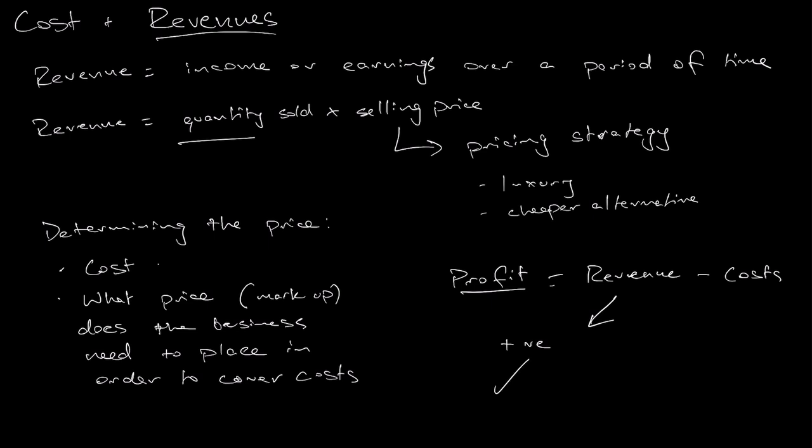We're earning more than our business is costing us, and we're going to be able to stay in business. If that figure is negative, then we're in a little bit of trouble and potentially need to look at either foreclosing the business or making some changes to our pricing strategies, making some changes to our costs to ensure that the company is profitable from here on in.